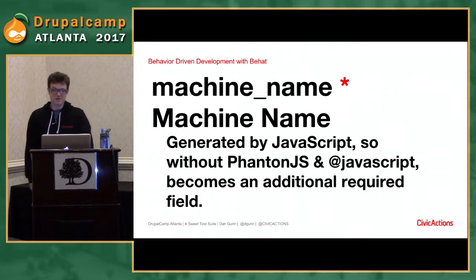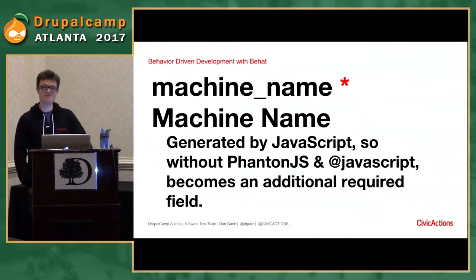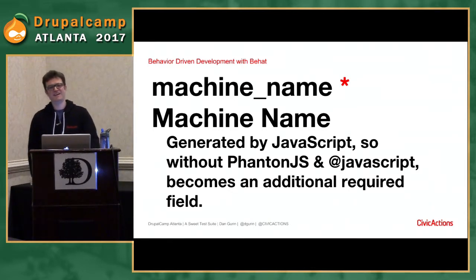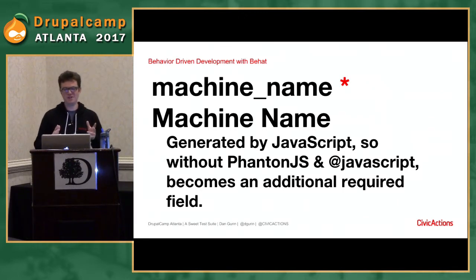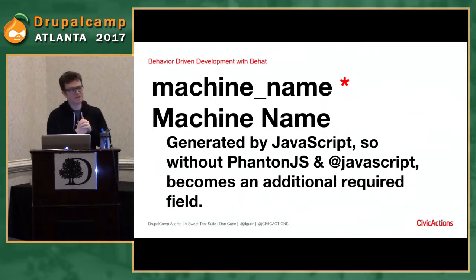One thing you might run into, which took me more time than I care to admit to figure out in Drupal 8, is trying to enter a machine name or a title programmatically. If you're doing that in a typical Drupal 8 setup, you'll notice when you're putting in the title that JavaScript will make the machine name next to it.